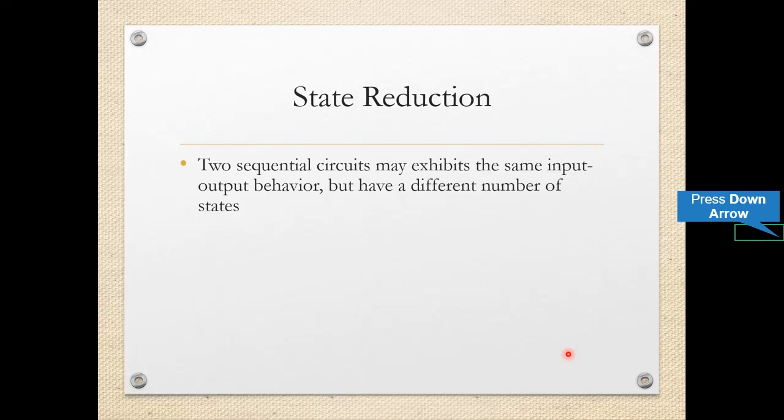The same design we can implement with the help of the Mealy model as well as the Moore model. In the Mealy model, we generally require a smaller number of states for the implementation of the same sequential circuit. How many states will be required depends upon which modeling style you are following, and there may also be some redundant states while drawing the state diagram.